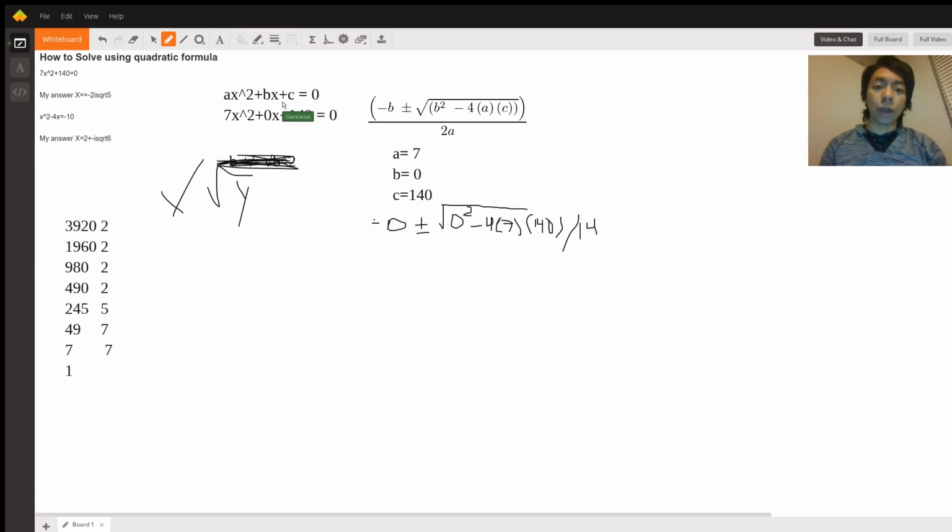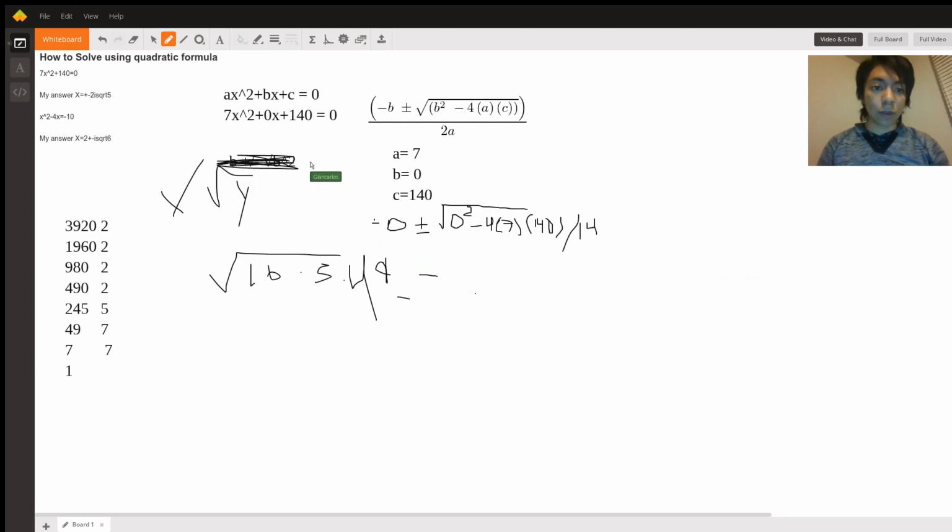Therefore, we're trying to find the square root of 2 times 2 times 2 times 2, which is 16, times 5 times 49, which is just going to be 7 times 4, which is 28, times the square root of 5. 28 times the square root of 5 is going to be our answer.